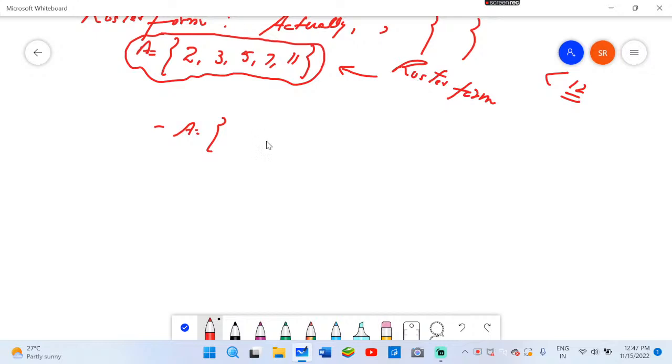So square of 1 is 1, square of 2 is 4, square of 3 is 9, square of 4 is 16. So these all are squares of natural numbers less than 5. Which are less than 5? That is 1, 2, 3 and 4.